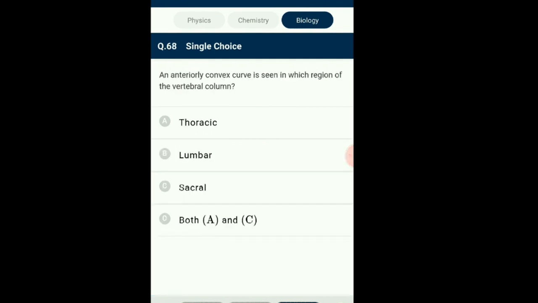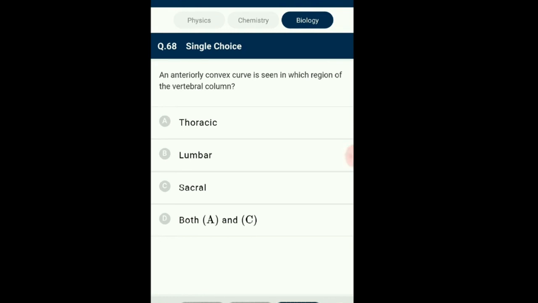Question number 68. An anteriorly convex curve is seen in which region of the vertebral column? The vertebral column plays the most important role in maintaining the posture and contour of the body. It is formed by 26 units called vertebrae. The first vertebra is called the atlas and it articulates with the occipital condyles.